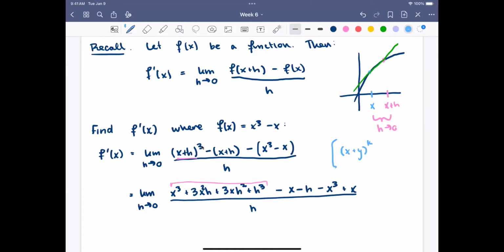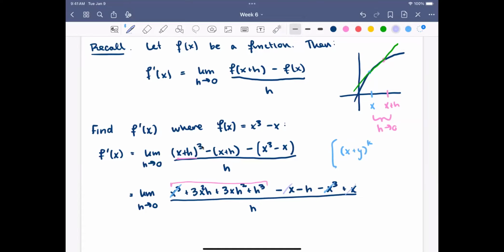Okay, so let's cancel things. We get x cubes canceling, x's canceling, and then I think that is everything. Nothing else simplifies.